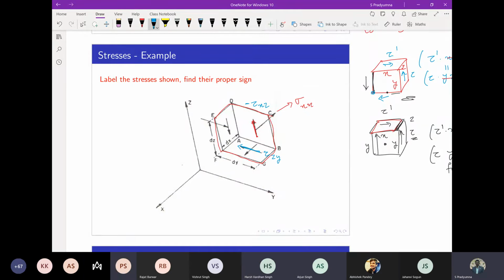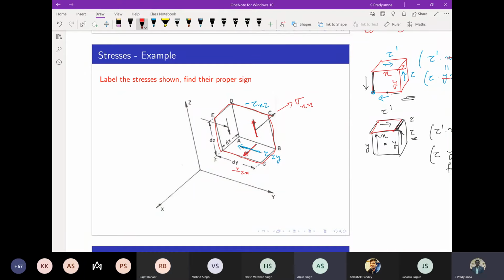Direction, positive or negative sign? Positive. Okay. How about this one? Tau zx. Sign? Negative.